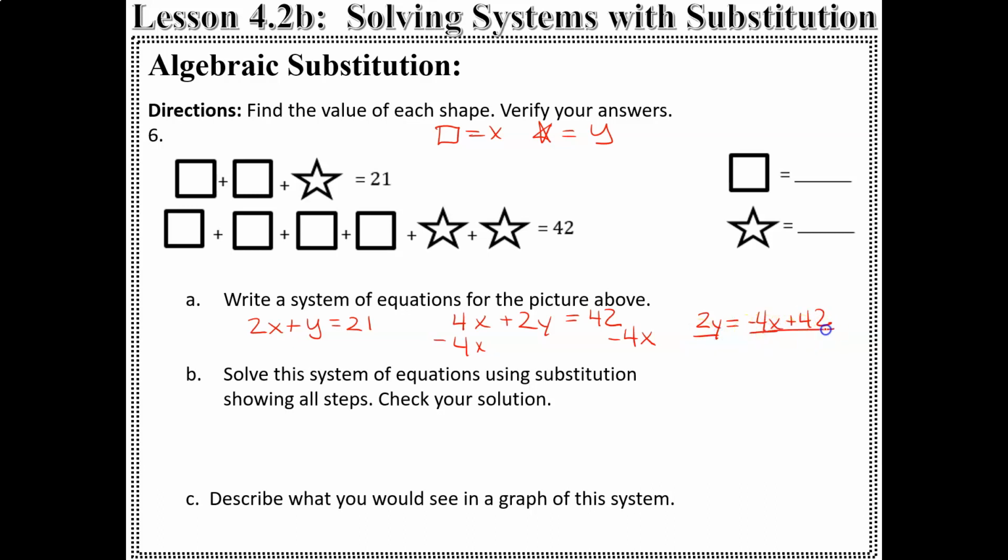And after you divide everything by 2, and this one too, when I move this over, I have y equals negative 2x plus 21. So if you catch this, you see that they're the same equation, so you will have infinitely many solutions.